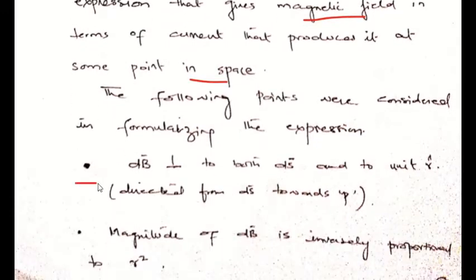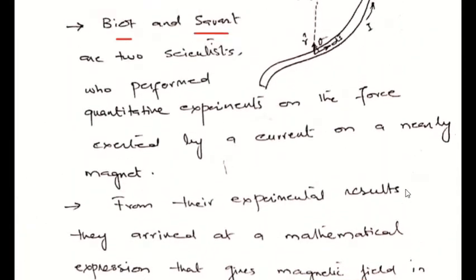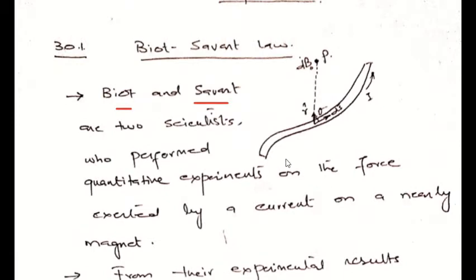Point number one is that this change in magnetic field, a very small change in magnetic field, is perpendicular to both the length element, that is ds over here, and it is also perpendicular to the unit vector r that is directed from the length element towards a point P. If you look at this figure, we have this conductor over here.